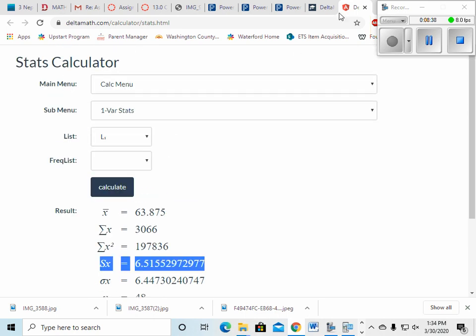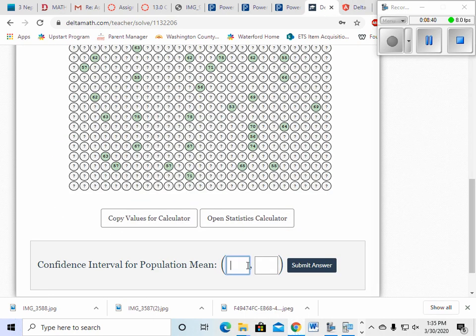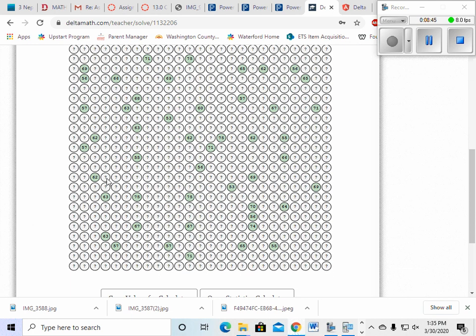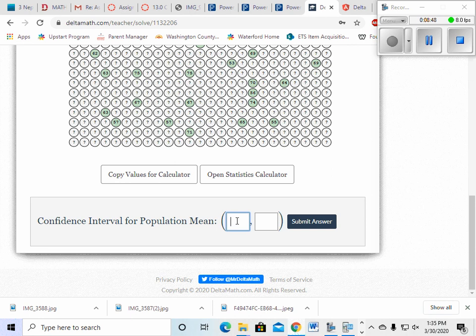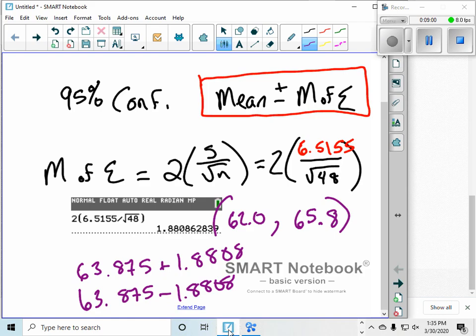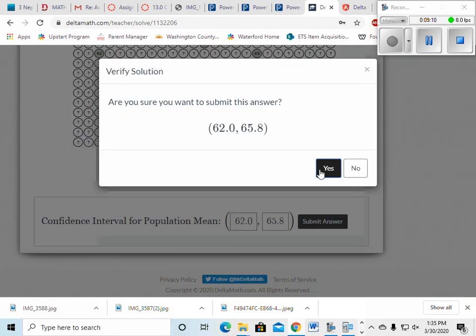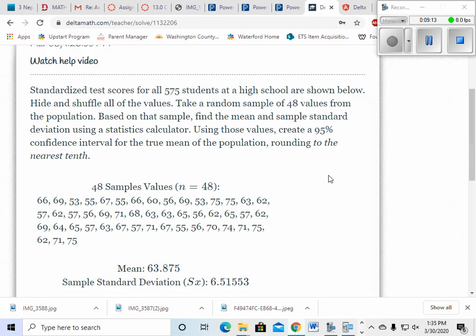Okay, so let's see here. Make sure it did want it rounded to the nearest tenth. Yep, round to the nearest tenth. So 62.0, and the other one was 65.8. Okay, and then I have it.